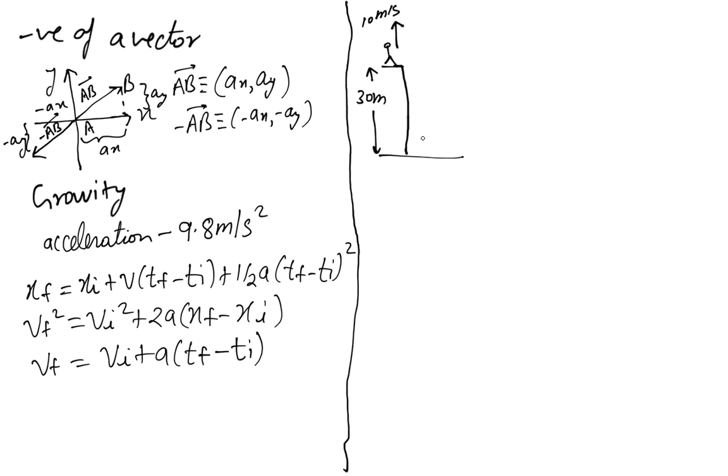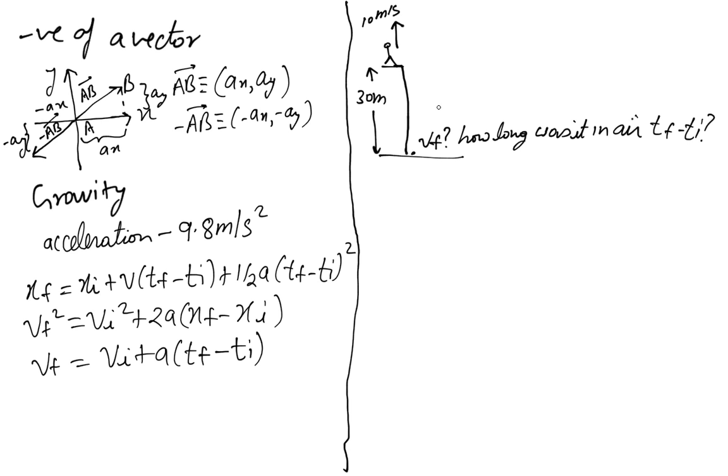I'm being asked, when it drops down and hits the ground, what is the final velocity and how long was it in the air, which means what is tf minus ti.